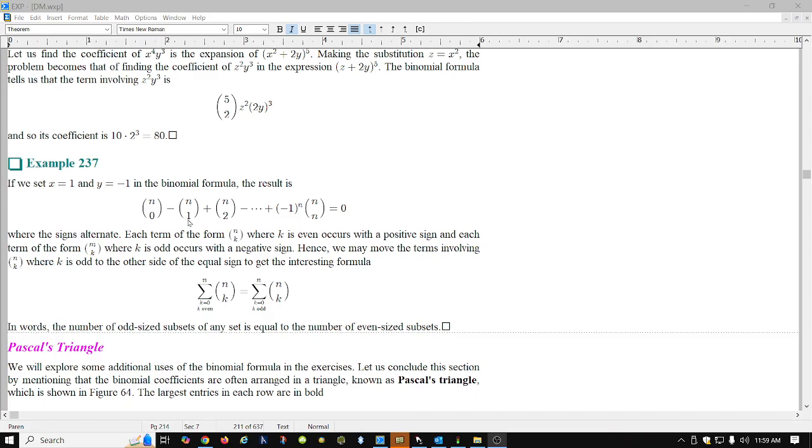Moving the odd terms to the other side, we get this: the sum of n choose k, k goes from 0 to n, k even only, equals the same sum where k is odd. So in words, this tells us that the number of odd-sized subsets of any set is equal to the number of even-sized subsets. And that's kind of neat, actually.